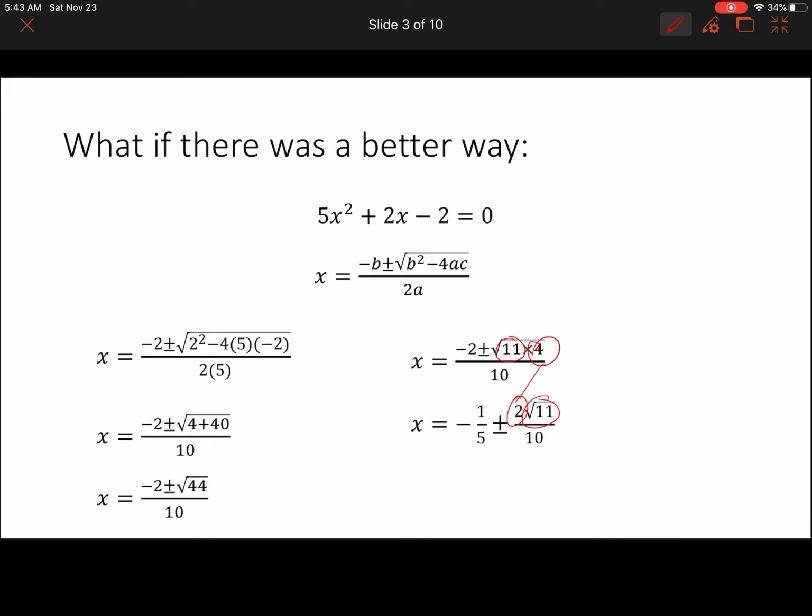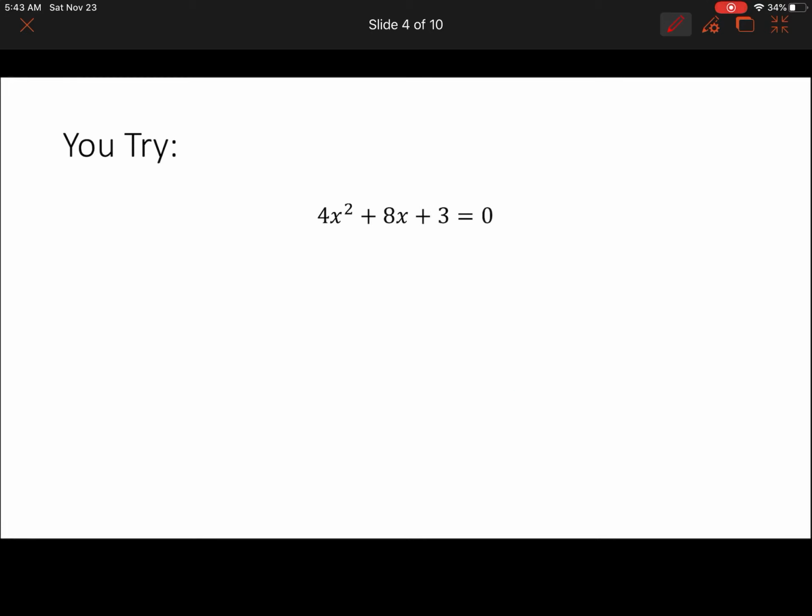It stays inside. The square root of 4, that's where the 2 comes out of the square root sign. And it's still over 10. And of course, divide by 2, I get 1 over 5. So I get my answer: minus 1/5 plus or minus square root of 11 over 5.